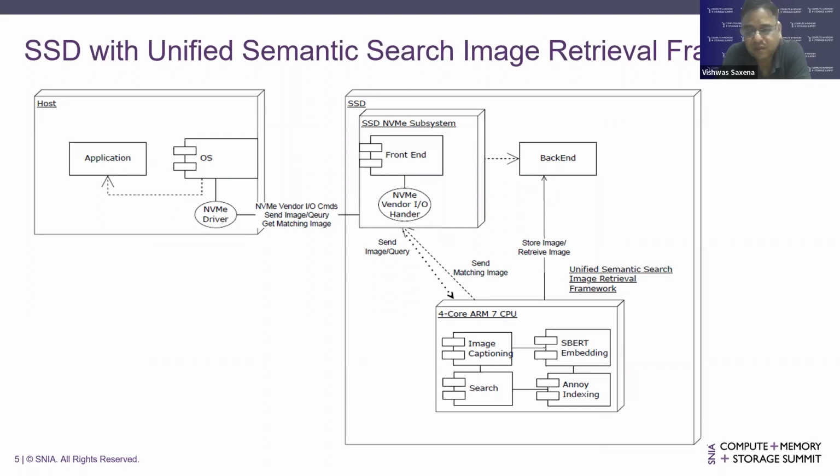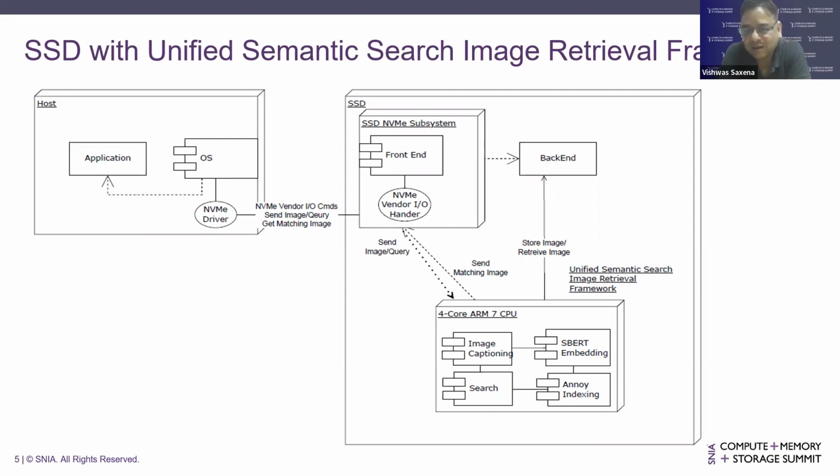The components on the quad-core ARM CPU are four main components. One is the image captioning part that we'll discuss later in detail. Then one more component is a sentence-based transformer model called an SBERT model, which will generate an embedding out of the image captioning model.